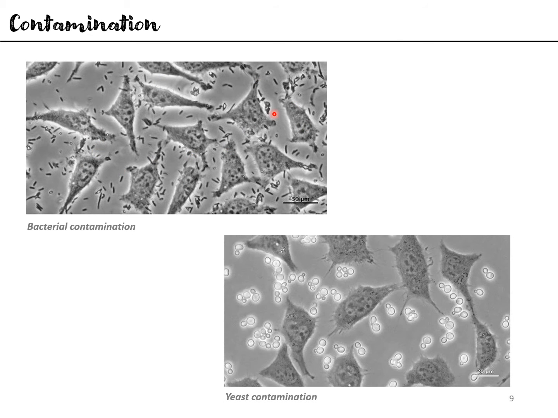So this is just an example of a bacterial contamination being viewed under high power microscope. Over here you have your cells which are being viewed by a phase contrast microscope, and then you have these rod-shaped bacteria, the bacilli, which are present just everywhere. And this is a visualization of yeast contamination again under high power microscope.